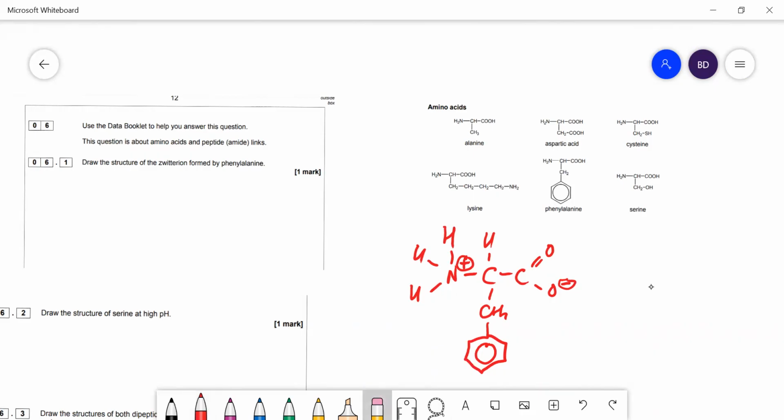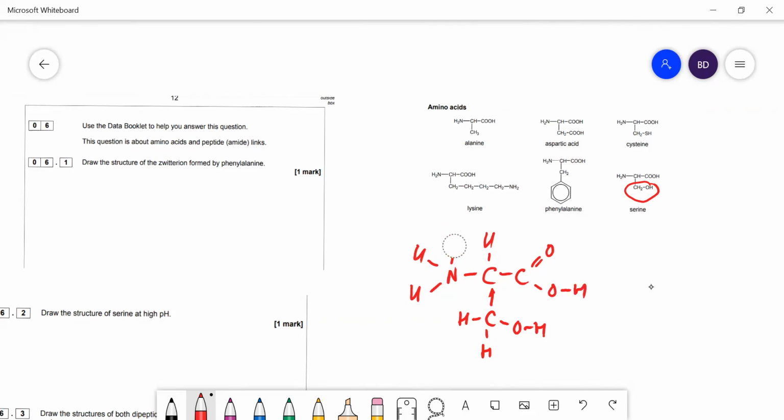I'm going to rub that out and put my serine in there, so all I've got to do is turn that into CH2OH. I'm actually going to draw it out in full. Let's make sure that's a normal carboxylic acid and a normal amine.